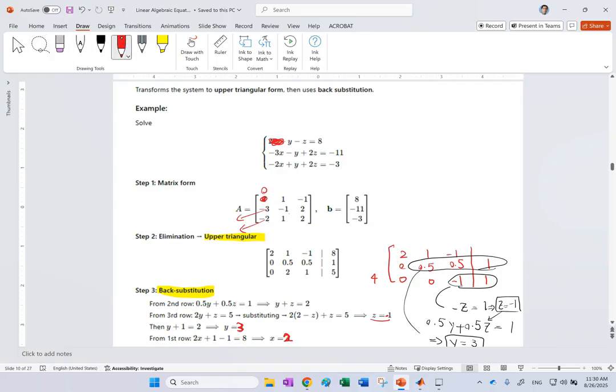Well, simply I can go ahead and swap, for instance, row 2 with row 3. So I just swap these two rows. Then my matrix is going to be like 3, -1, 2, -11, and then 0, 1, -1, 8, and then -2, 1, 2, -3. Okay, in that case, this one is already 0, so this is good to go.